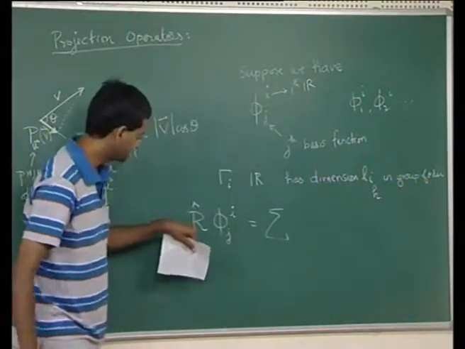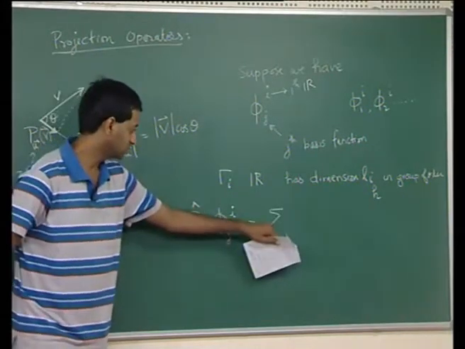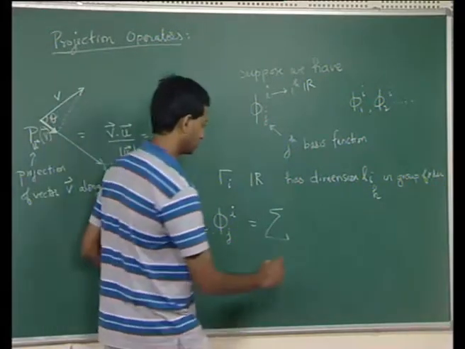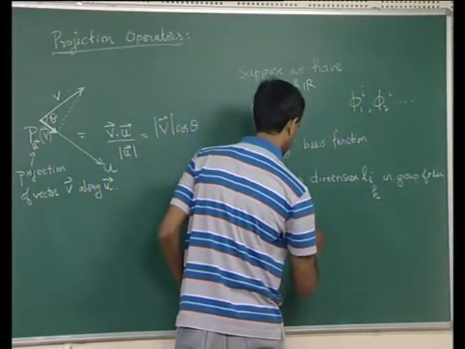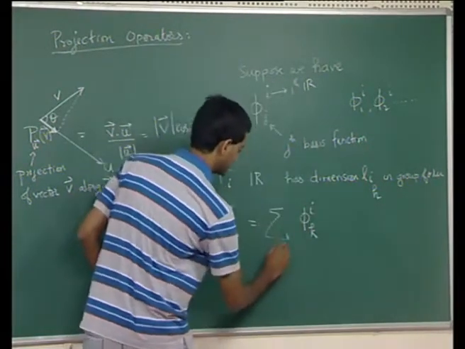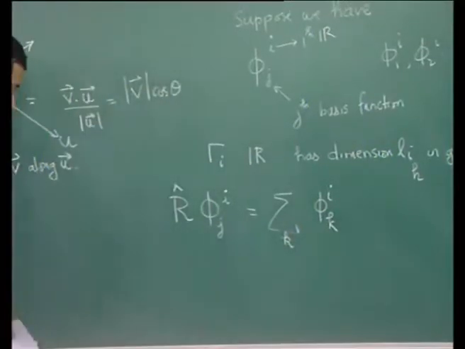The effect of a symmetry operation on a basis function is to give a linear combination of basis functions, phi k I, in the same representation, with a sum over all k.